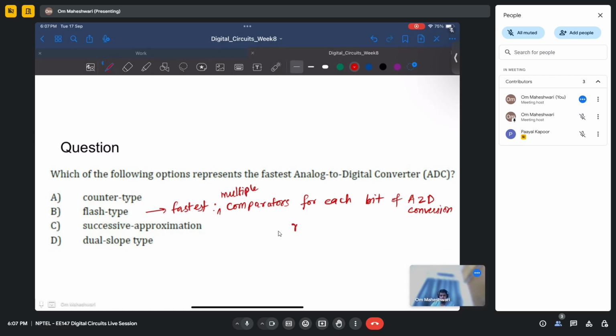And for n bit conversion, it has 2 to the power n minus 1 comparators. For example, for 3-bit analog to digital conversion, it has 8 minus 1, that is 7 comparators. And since all these comparators work in parallel, it is the fastest.